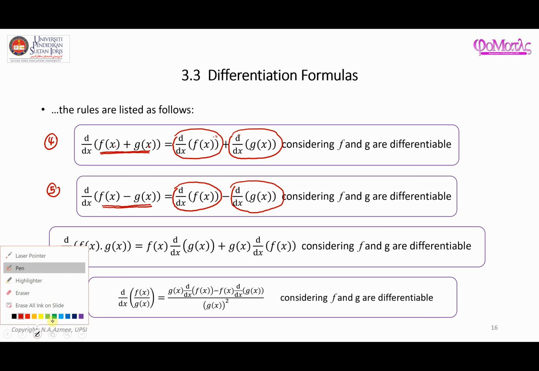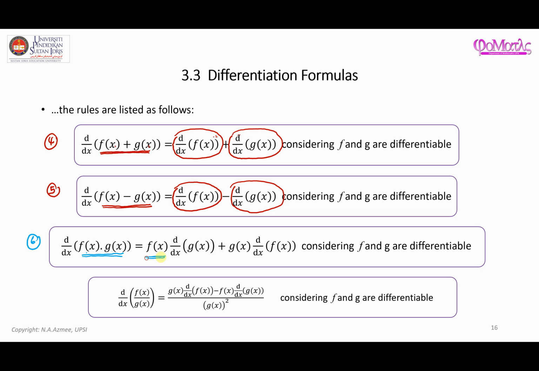Now, if you consider rule number 6, here we have the complex function, which is made by multiplying two functions, f of x and g of x. And the derivative of this function is going to be obtained using two simple steps. So the first step is for you to maintain f of x.